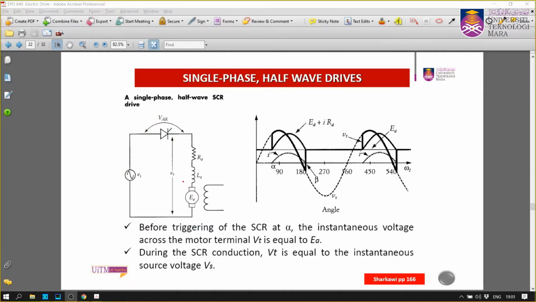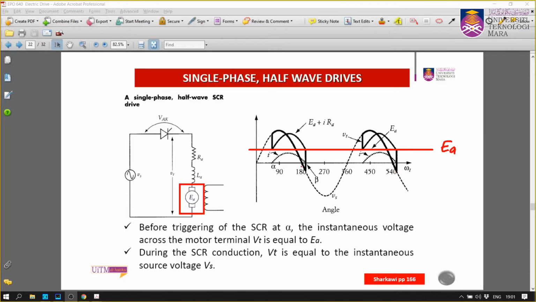So this is your back EMF. The back EMF has this voltage, right? Let's say this is EA. So that is your EA with a straight line, which represents the back EMF in the circuit.